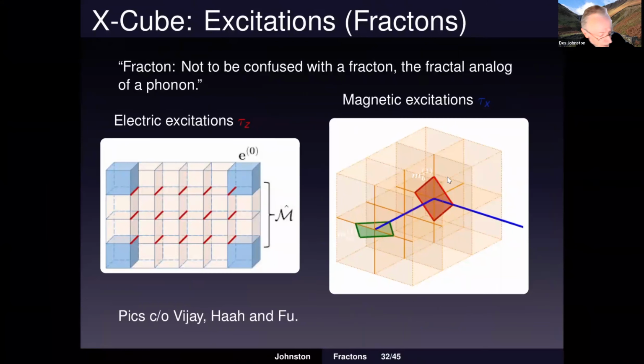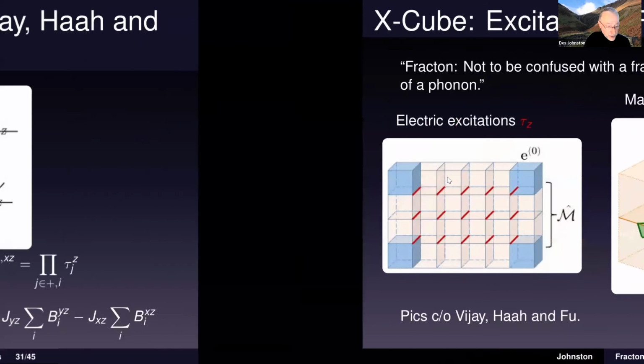Oh, let me say something about the model. It's interesting because the quasi-particle excitations in this aren't anyons. They're restricted mobility quasi-particles in 3 dimensions. If I look at the electric excitations, so I think about putting a tau z along a single edge in the lattice, what's that going to do?